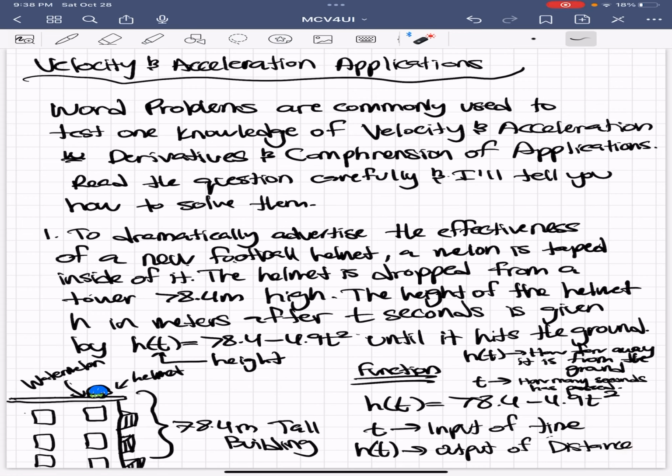And then we have a little picture right there. So it's a 78.4 meter tall building. There's a watermelon and helmet, and everything else, right? So you can go ahead and draw that diagram, and I'll give you a moment to pause the video and write everything down.